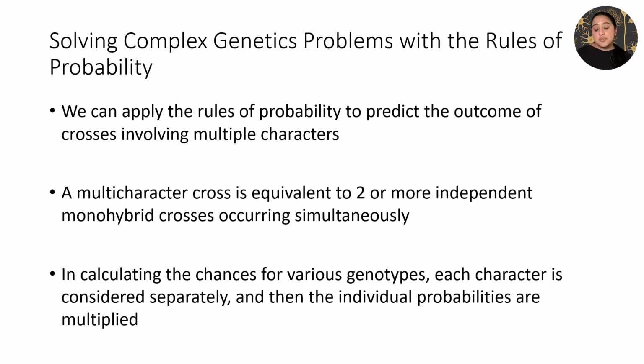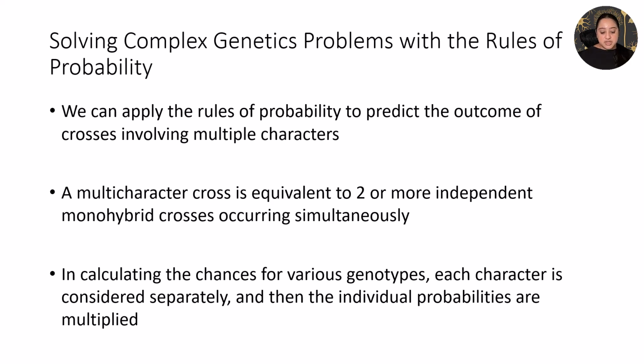So you can apply the rules of probability to predict the outcome of crosses involving multiple characters. So that was just one thing, monohybrid crosses, right? But you can do it with multiple crosses as well. A multi-character cross is equivalent to 2 or more independent monohybrid crosses occurring simultaneously.